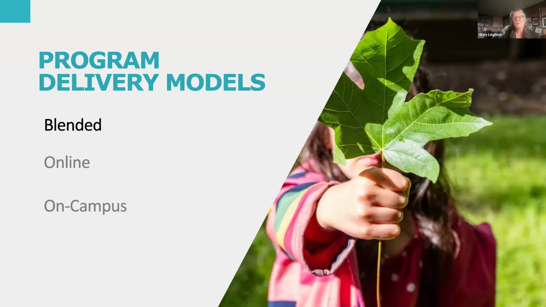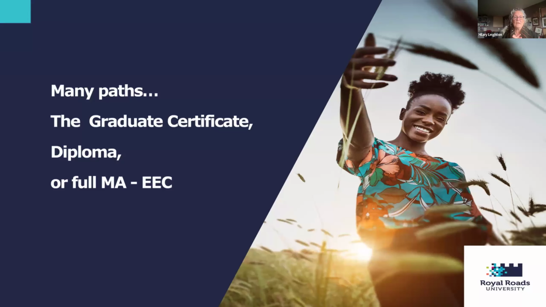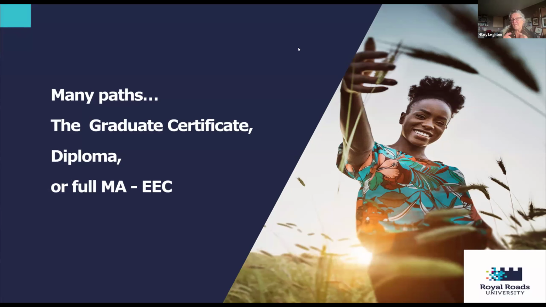So as you've just heard, our program is a blended program, so it includes both online and on campus. Next slide, please. And there are many paths in the MEEC program. We call it the MEEC program, the MA in Environmental Education and Communication. We're fond of the acronyms here. So the first 3 courses comprise a graduate certificate in what we call EEC, Environmental Ed and Communication.